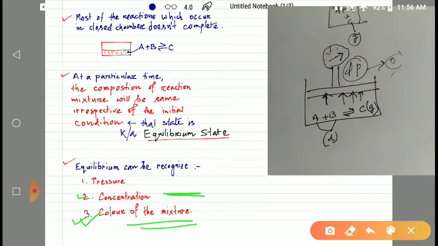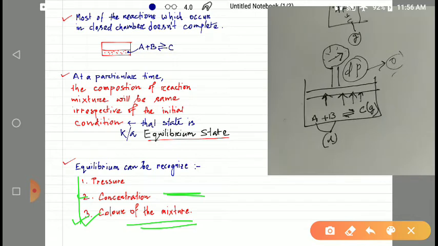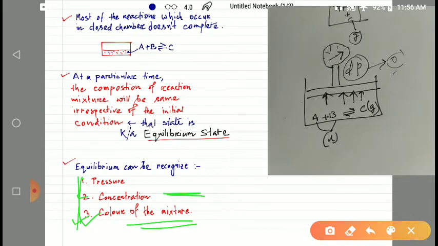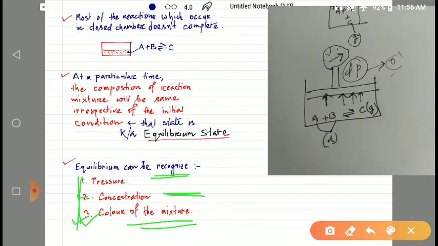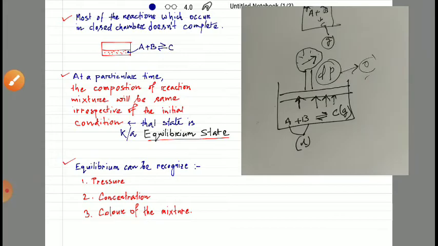So it is also one example; by using these parameters we can recognize the equilibrium state. I think up to this point you understand.